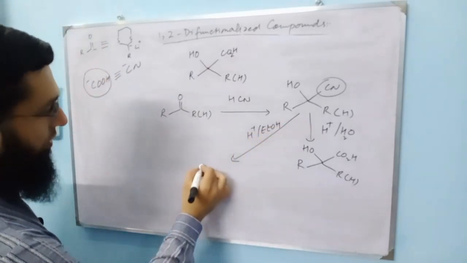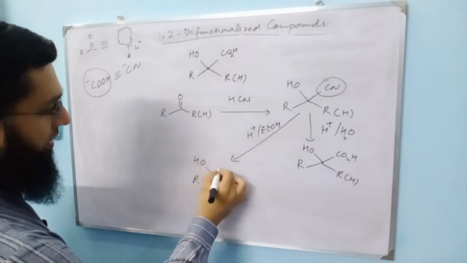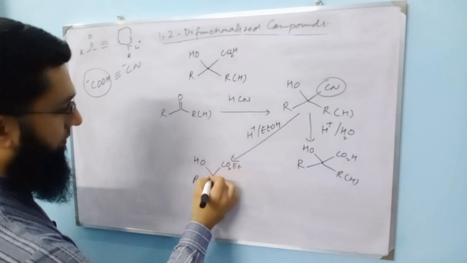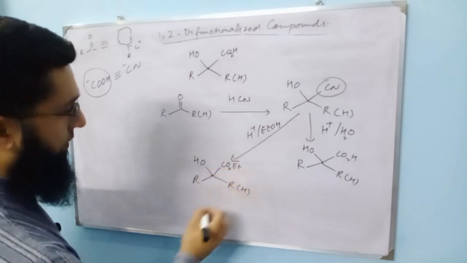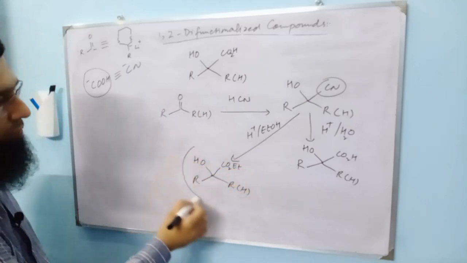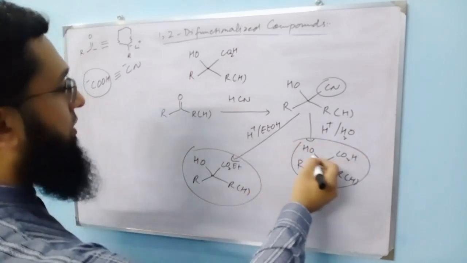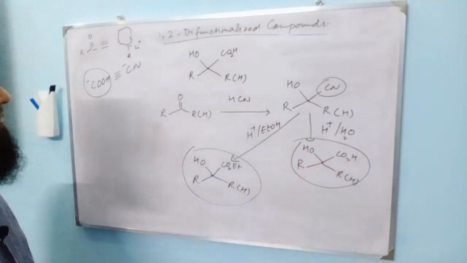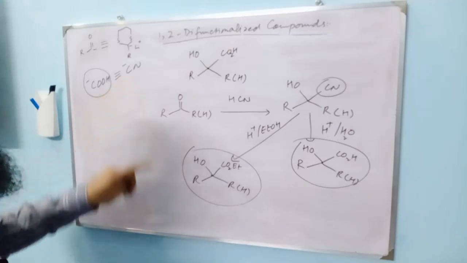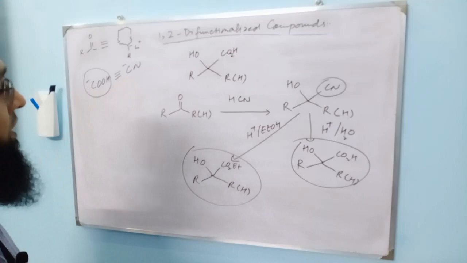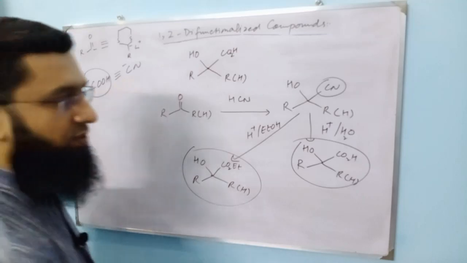We can get corresponding ester derivative. So if we have molecules like this, or this alpha hydroxy carboxylic acid, we can use cyanide ion as equivalent to this type of synthon. Now we see next reagent.